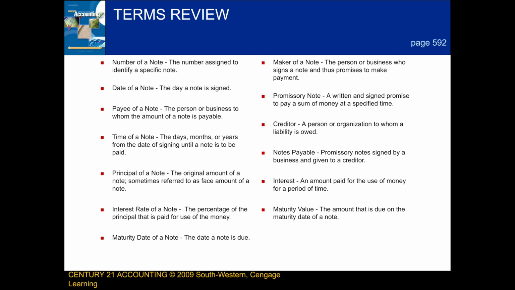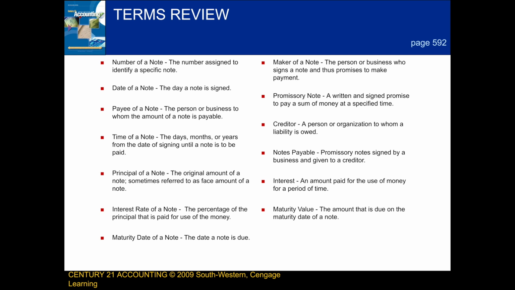The time of a note are the days, months, or years from the date of signing until a note is to be paid. The principal of a note is the original amount of a note that is sometimes referred to as the face amount of a note.